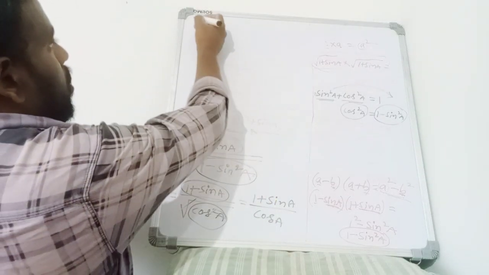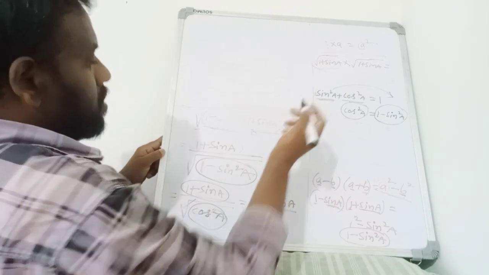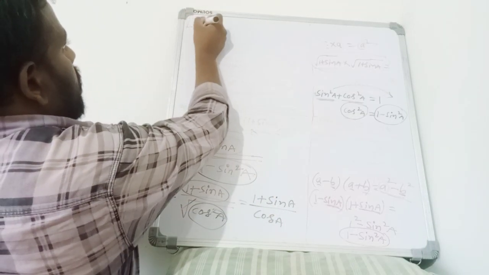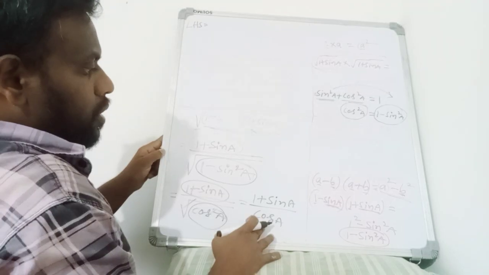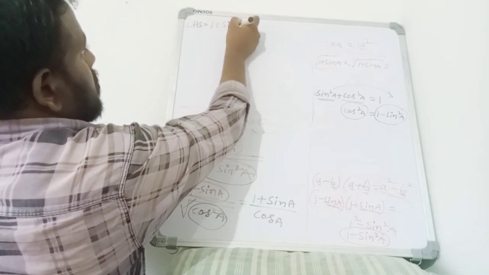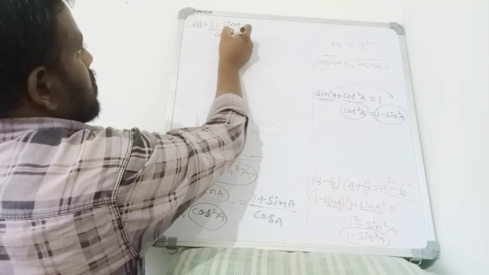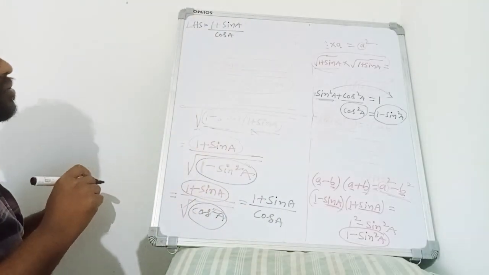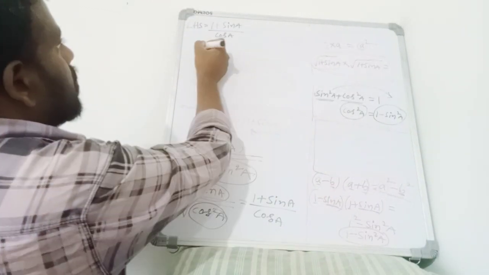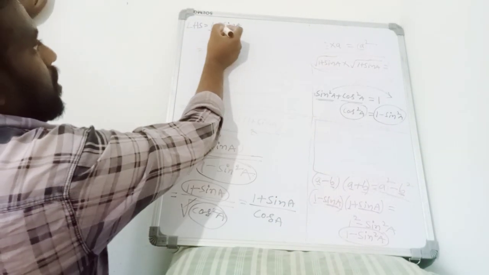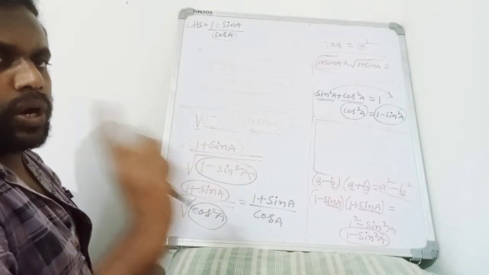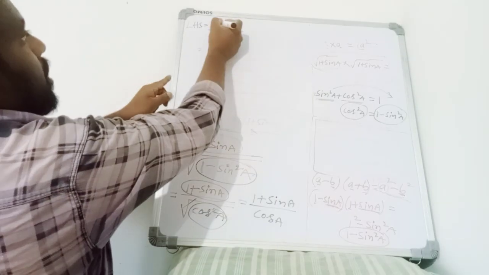Okay. So we got, I will write it here. This is LHS equal to this, I will once again write here. So we got LHS is equal to 1 plus sin A by cos A. Next, see here plus is there. Only one term is in the denominator, and here plus is there.